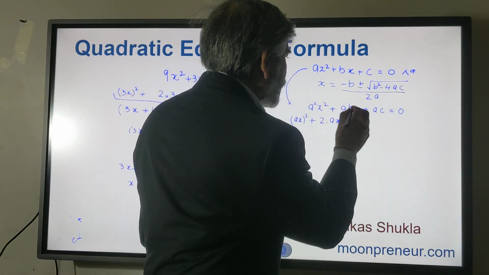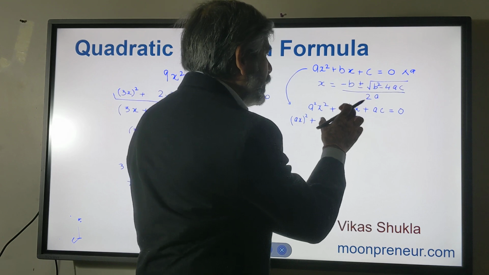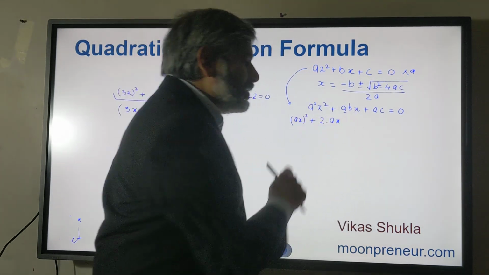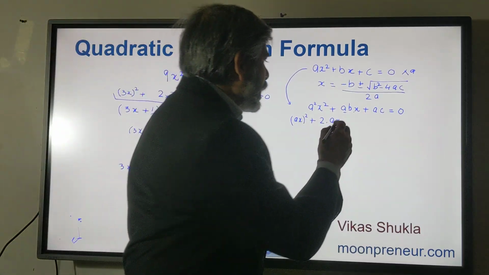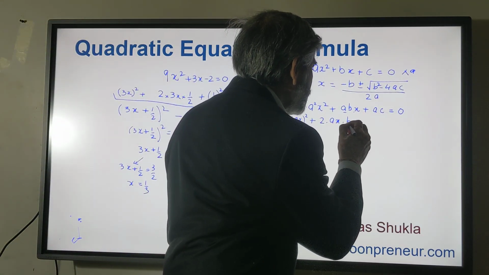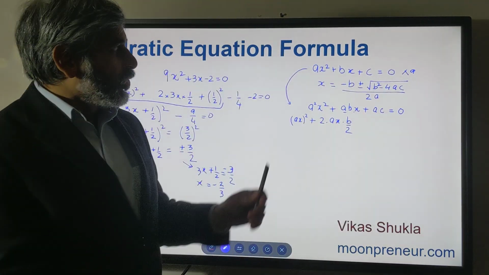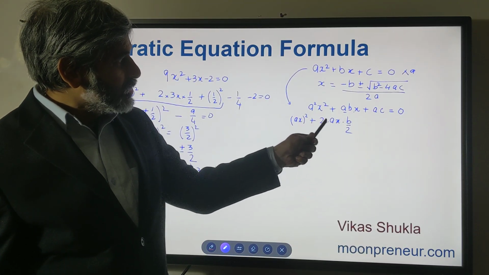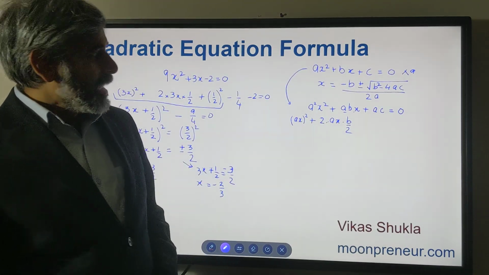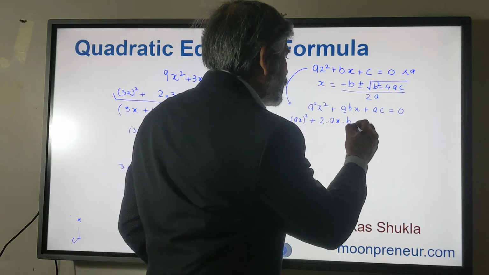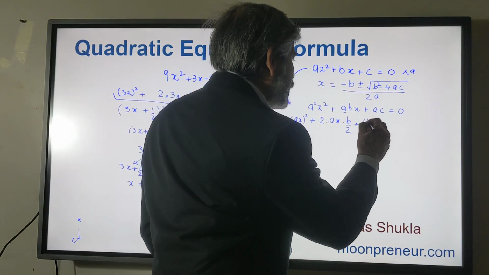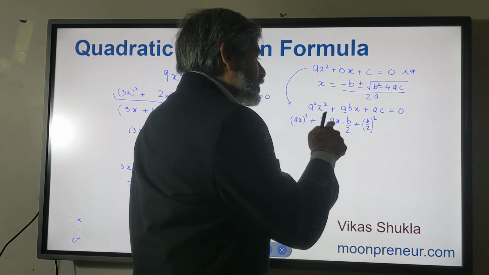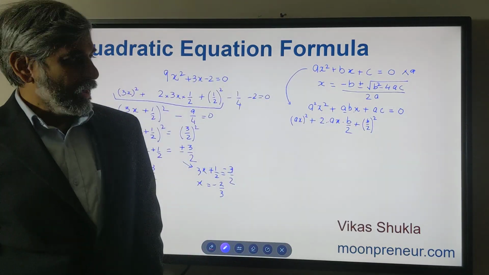We have a and x here, but in order to make it abx, we will have to multiply it by b by 2. That's the only way we can get abx. The 2 cancels out, and now we have b by 2 here, so I am going to add b by 2 whole square to make it a square plus 2ab plus b square.